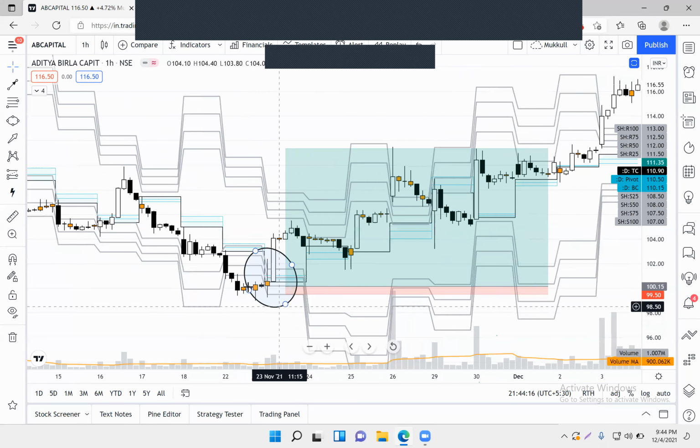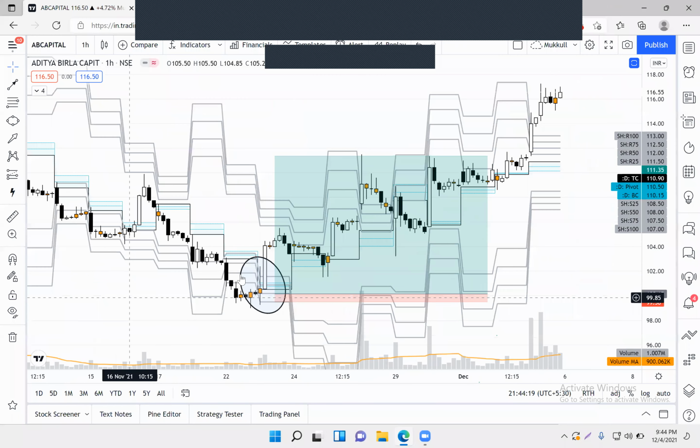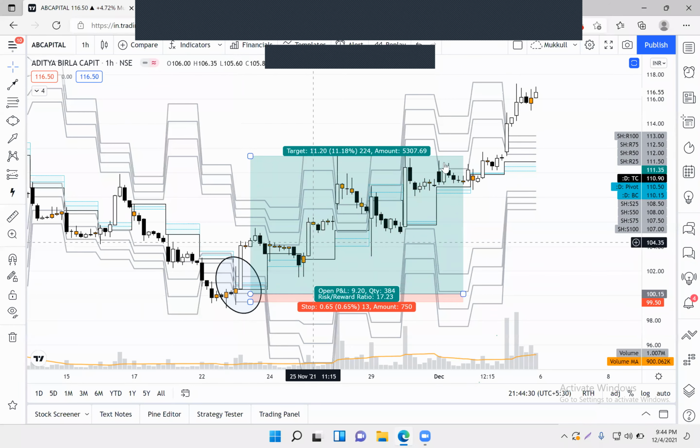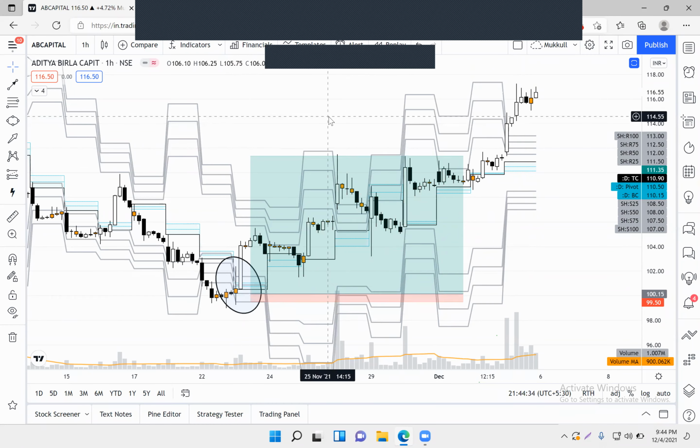And again, not to be boasting about the setup, but you see, what is this? Swing bottom, almost bottom. Again, for the third time, it is catching the bottom, correct?